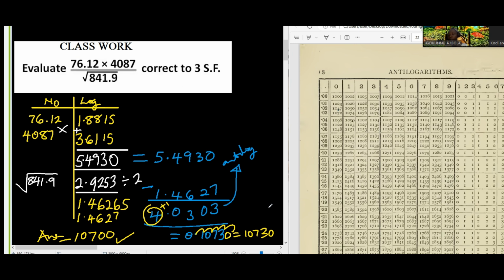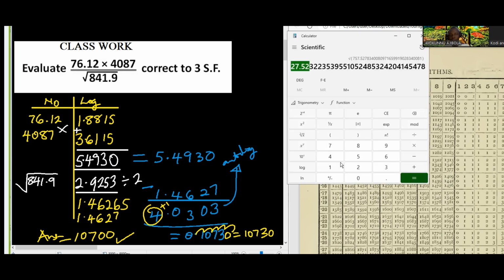Okay, good. Let us check it in the calculator and see whether it's going to give us something close to that value. What we have at the bottom is the square root of 841.9. So the square root is 29.0155. Now let us do the one at the top.